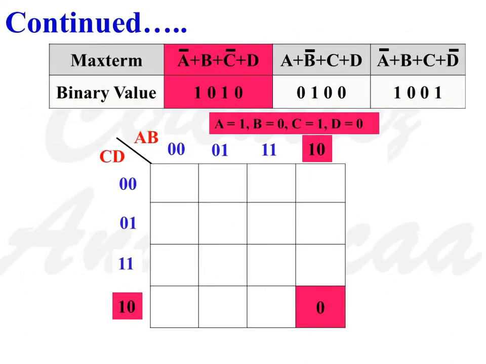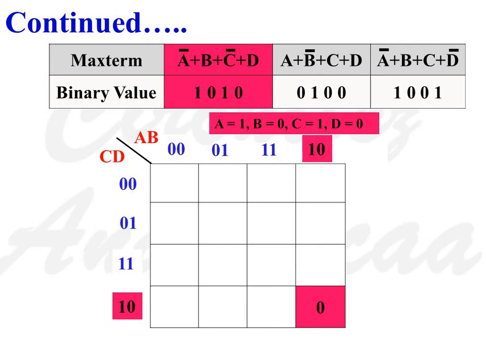In the given expression, the first max term is A bar plus B plus C bar plus D. To find the binary value, in the case of a POS expression, if a variable is in true form, put 0, and if a variable is in complemented form, put 1. Here variable A is in complemented form, so put 1.